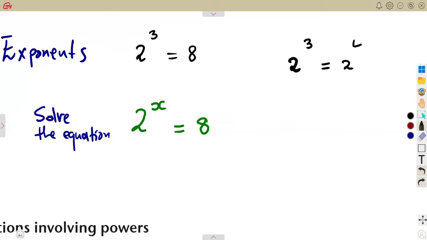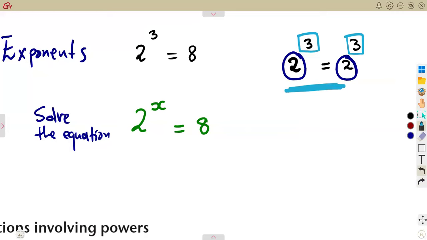So for these two to be equal, this must also be raised to the exponent of 3. We must see the same base and also the same exponent. This can be an advantage when you are solving these equations. You just need to make sure that the bases are the same.